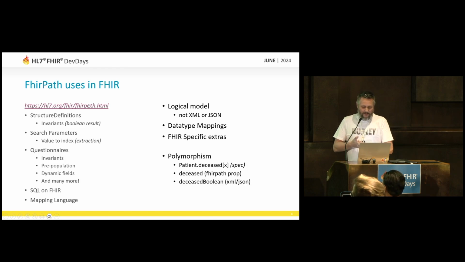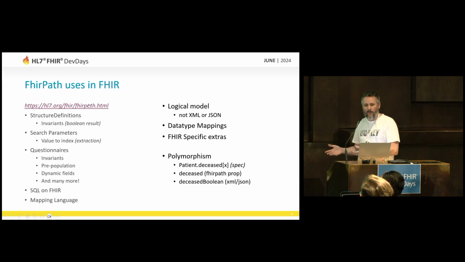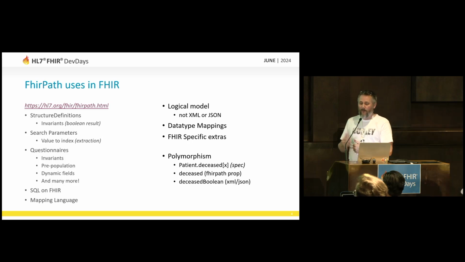And one thing that's worth noting is polymorphism. As you know, with FHIR, we've got properties which could be a date, or it could be a Boolean, or it could be another sort of choice type. With that, the FHIR spec says patient.deceased[x], which indicates that this can be multiple types, which in this particular case is, yes, a dateTime or a Boolean.